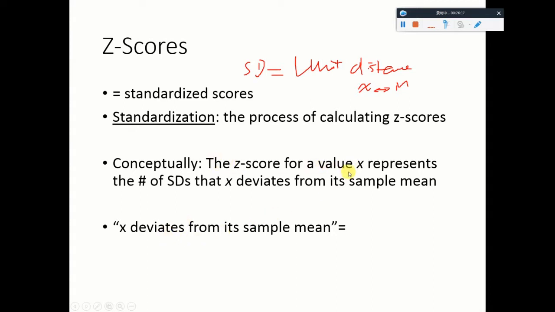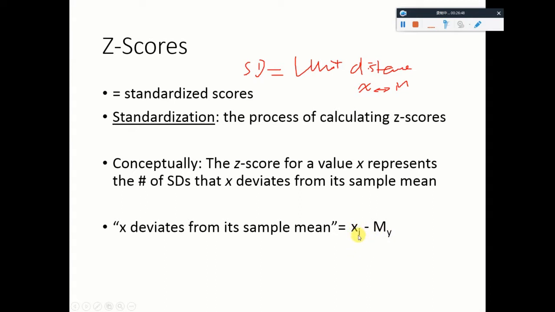We can dissect this definition. If x deviates from the sample mean, how do we calculate the deviation? Easy: x minus the mean of the sample x is from.